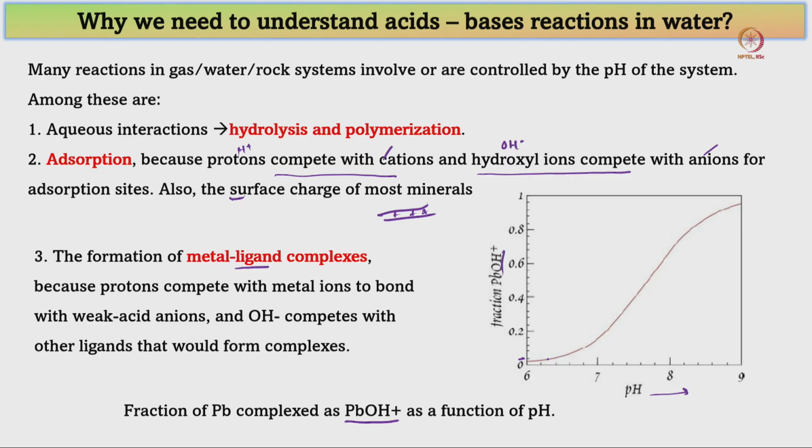So, OH- ions increase in this direction, and therefore, the fraction of PbOH+ ion also increases in that direction. So, formation of metal ligand complexes depends on the pH of the system.